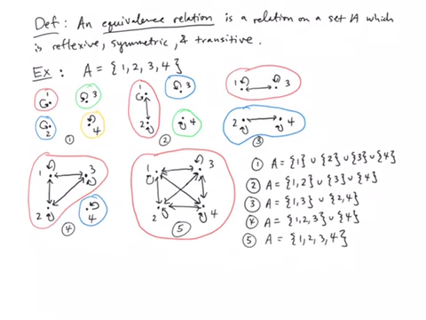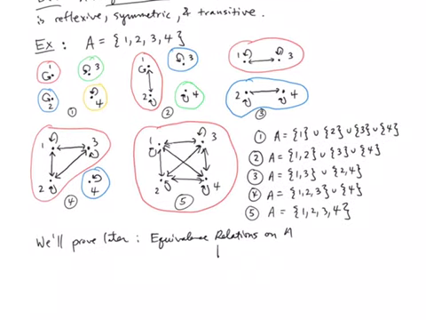So what we'll prove later is that equivalence relations on A correspond exactly to what are called partitions of A. So they correspond to ways to break up the set A into disjoint, so non-overlapping, subsets that cover all of A. And this is a surprisingly pervasive and important notion as you continue forward in mathematics.